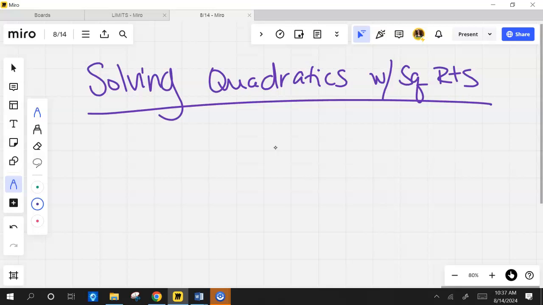Let's say there is no b, but is it still a quadratic? Yes. It's still a quadratic. So instead of factoring or graphing, what do you think maybe I could do here to solve for x?